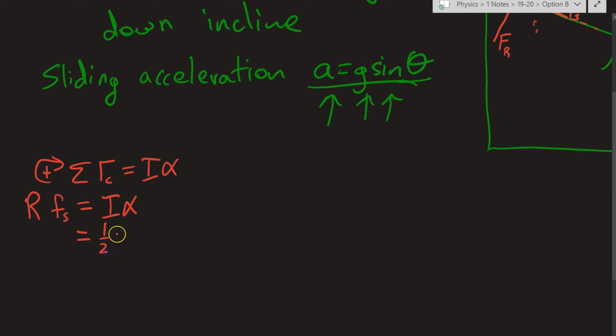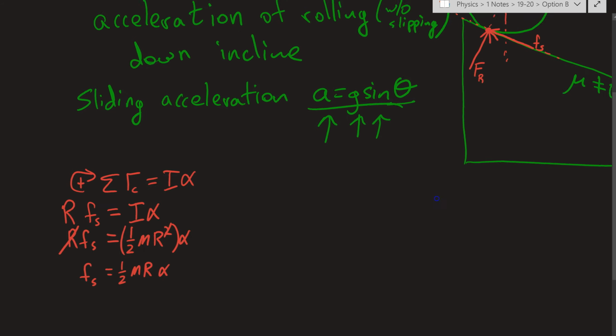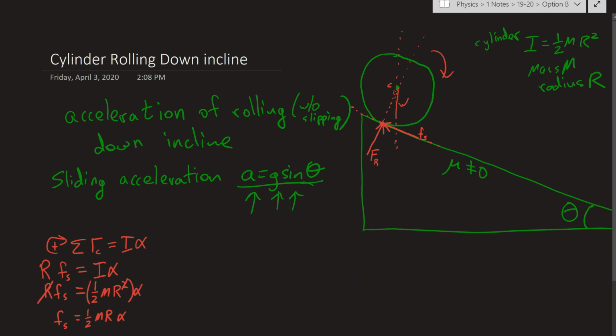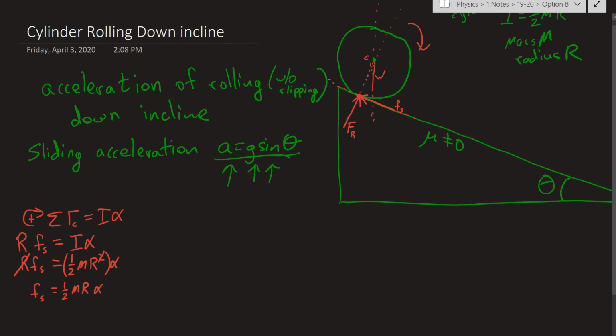I is 1/2 m r squared, so r Fs equals 1/2 m r squared times alpha. Already one of these r's cancels out if I divide it, and we've got this fact: static friction is 1/2 m r times alpha. All right. That doesn't tell us the linear acceleration of the center of mass of the object, which is what I'm trying to solve for.